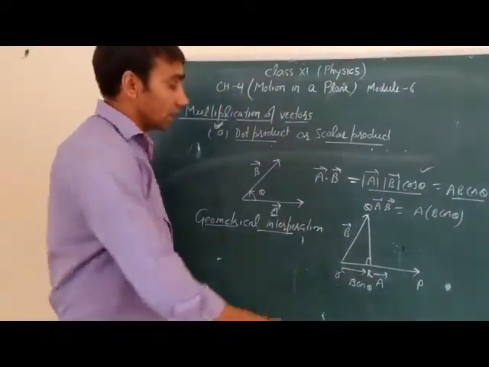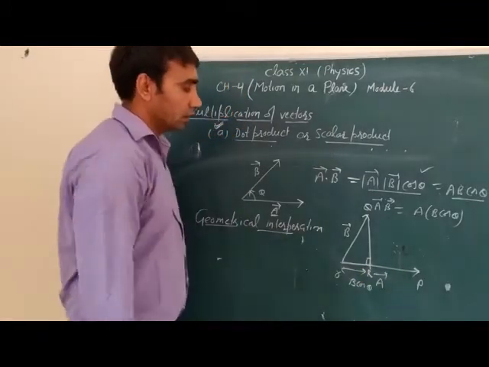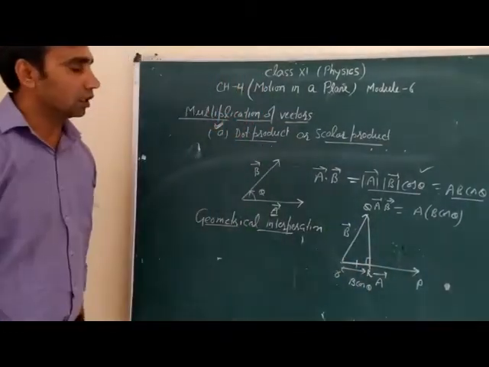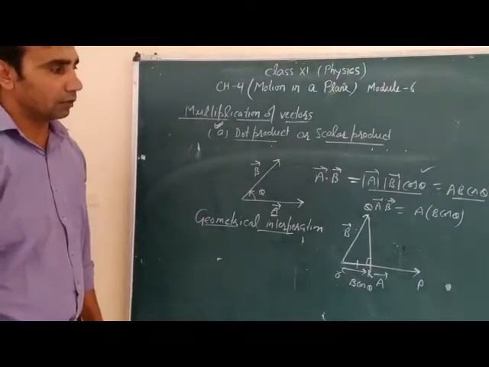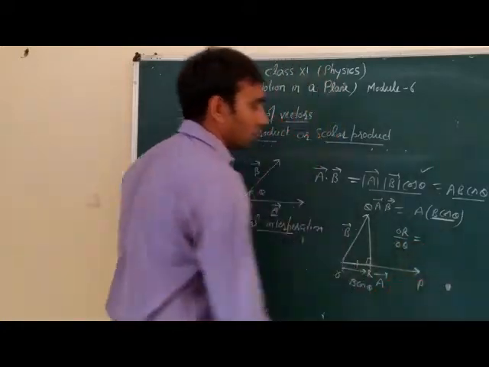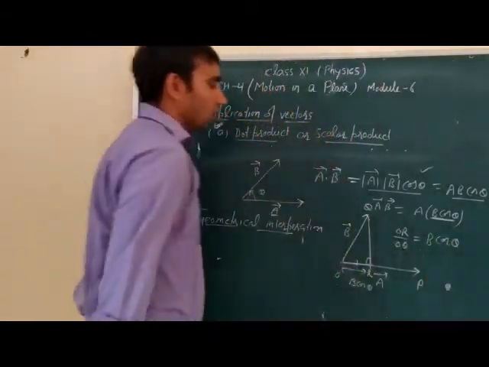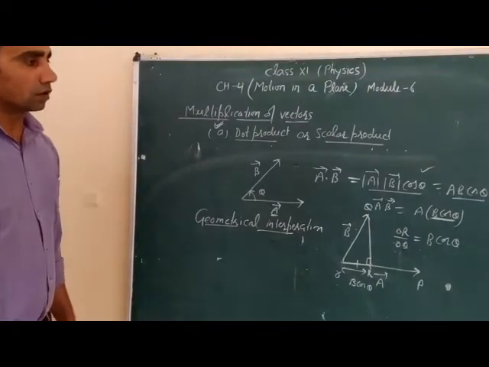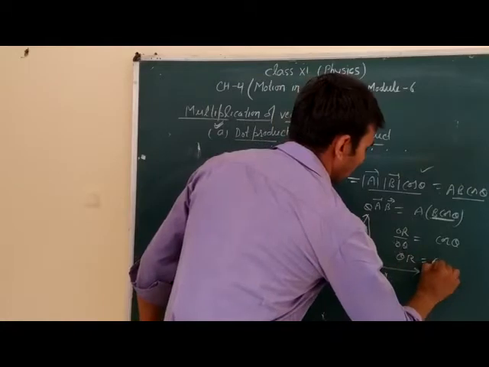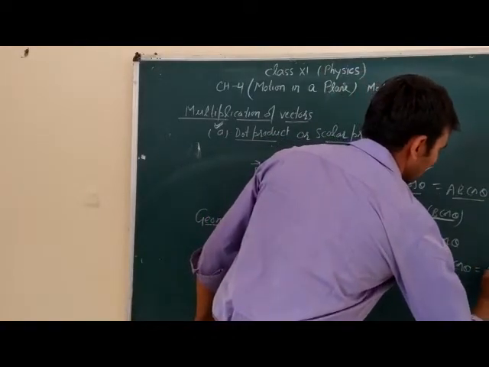In this triangle, OR divided by OQ is equal to cos theta, so OR is equal to OQ cos theta, where OQ is equal to B, so OR is B cos theta.